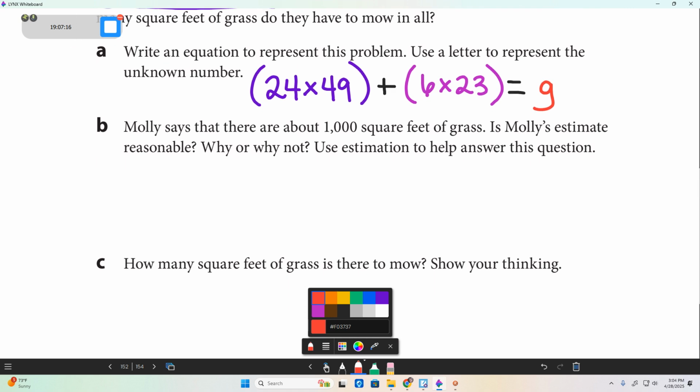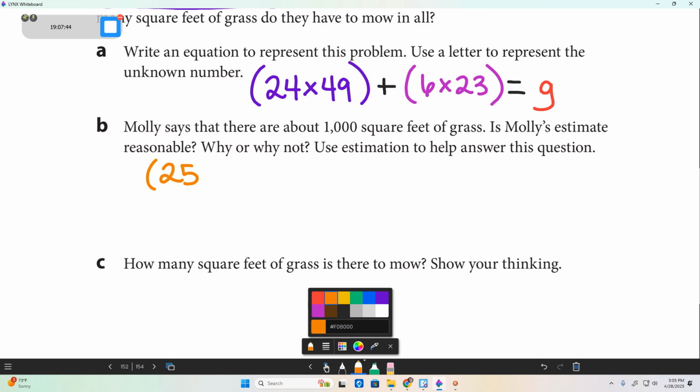Letter B says, Molly says that there are about 1,000 square feet of grass. Is Molly's estimate reasonable? Why or why not? Let's see here. Use estimation to help answer this question. I think I'm going to try to round all of the numbers.